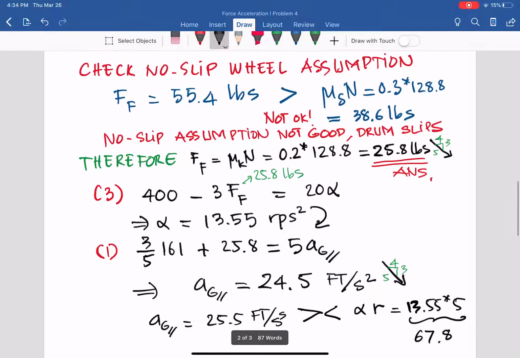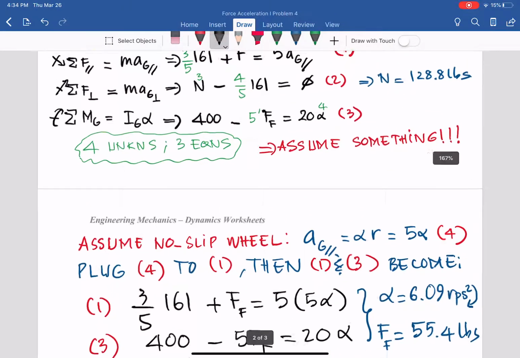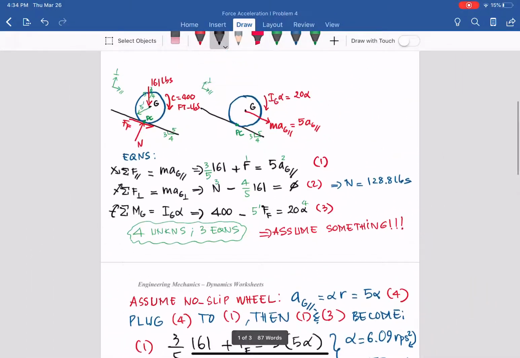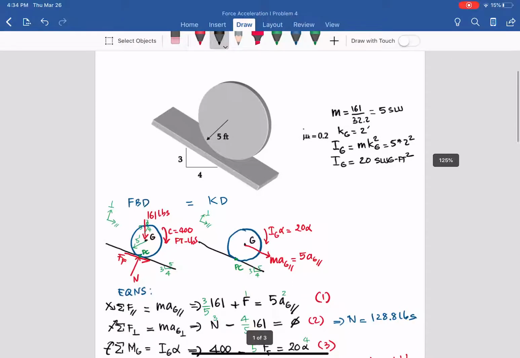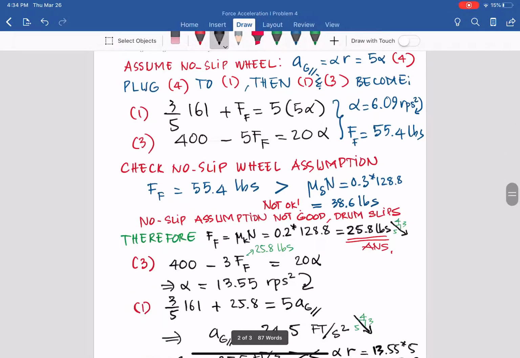And by the way, we also take moment about G, but like I said at the beginning, you can take moment at the point of contact. In the PDF solution, we show that.